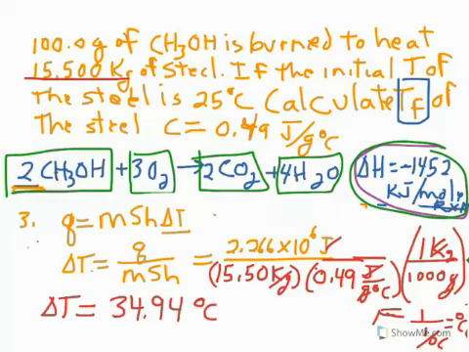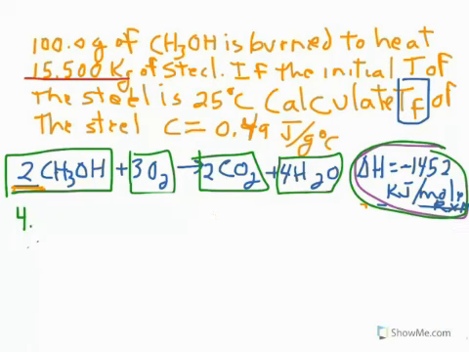Now I've got to calculate T. I've got to stop this and erase. Okay, final step: delta T equals T final minus T initial. Rearrange the equation. T final is equal to delta T plus T initial.